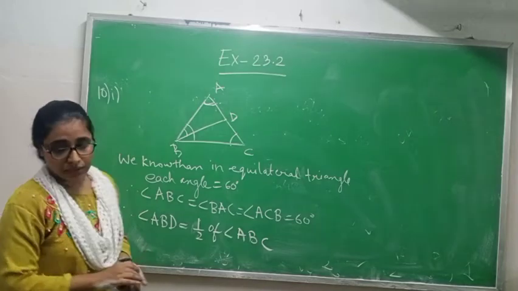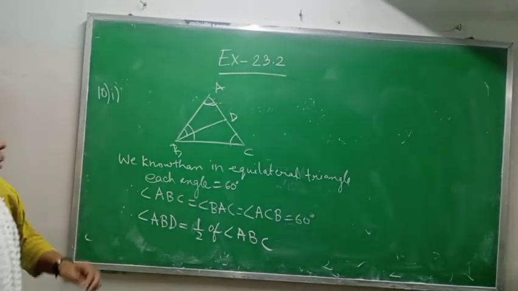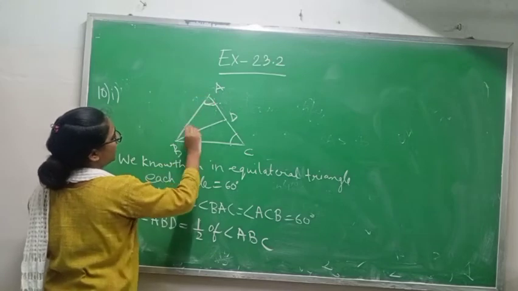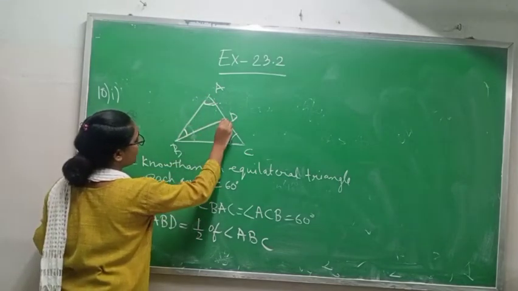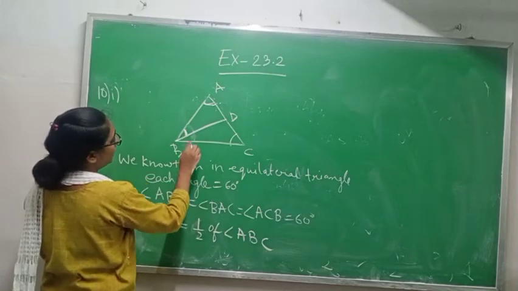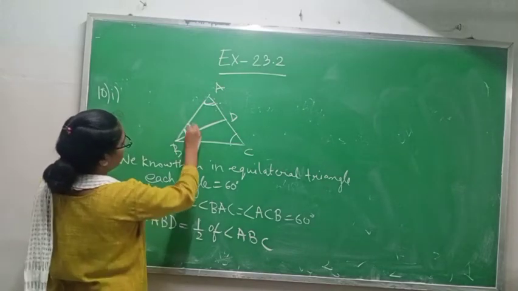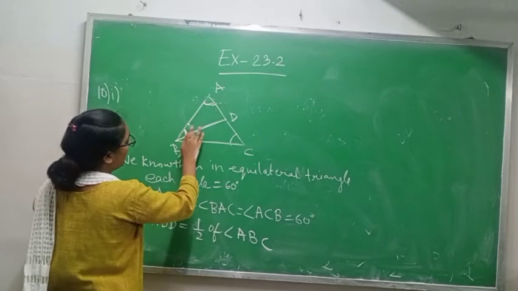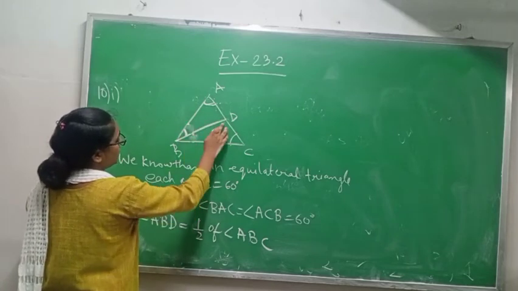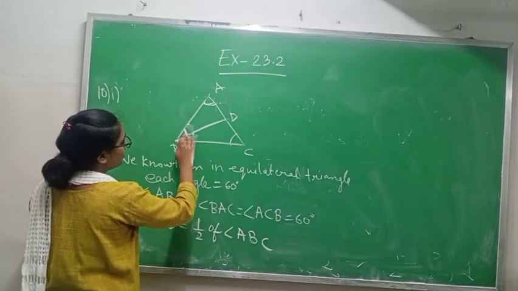Because we are finding only this much, ABD, half of this one, because BD is the median. Of course, it will divide the full angle ABC into two equal halves. One half is ABD and the other one is DBC. So this one I am finding.